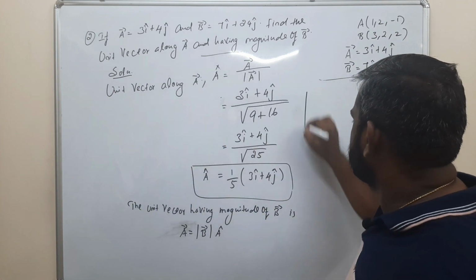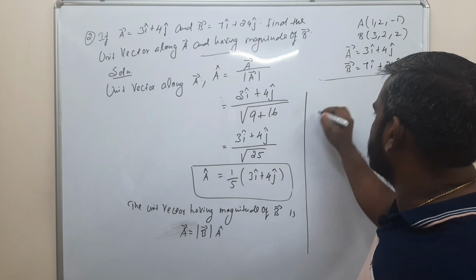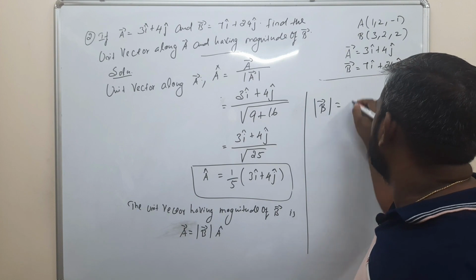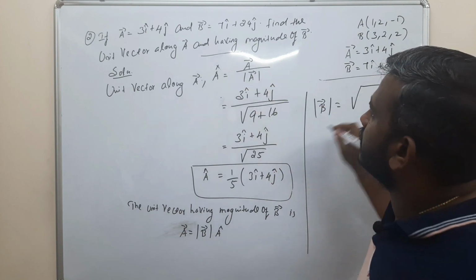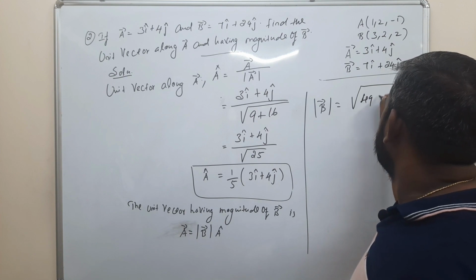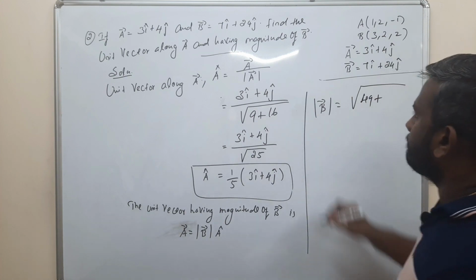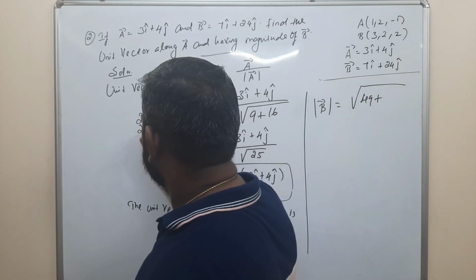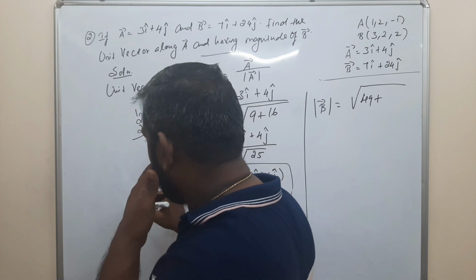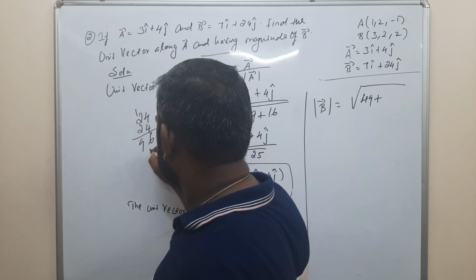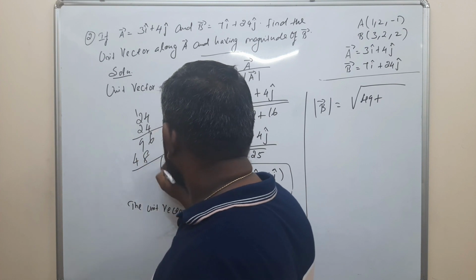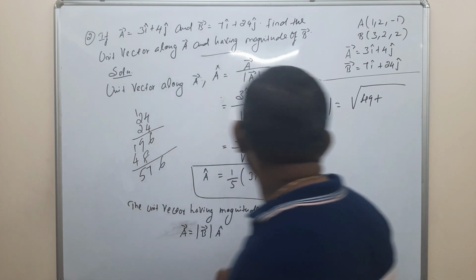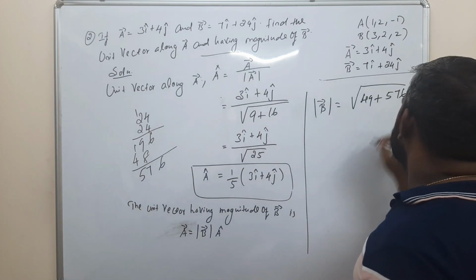So magnitude of B vector into A cap. Okay, so modulus of B vector we have to find out. So modulus of B vector is equal to square root of 7 square, that is 49, plus 24 square. 24 square we have to find out, so 576.